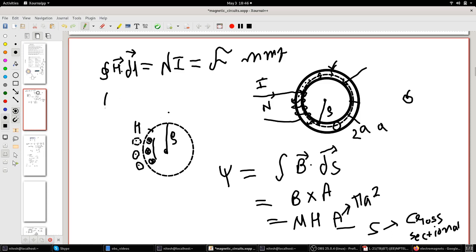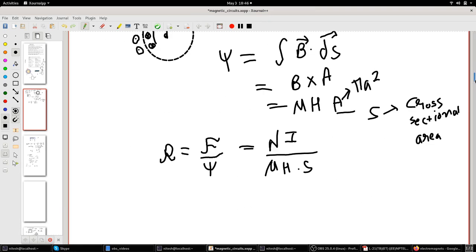So this will be given as H into 2 pi rho equal to Ni. The unit of MMF is ampere turns. So H into 2 pi rho will be my Ni.